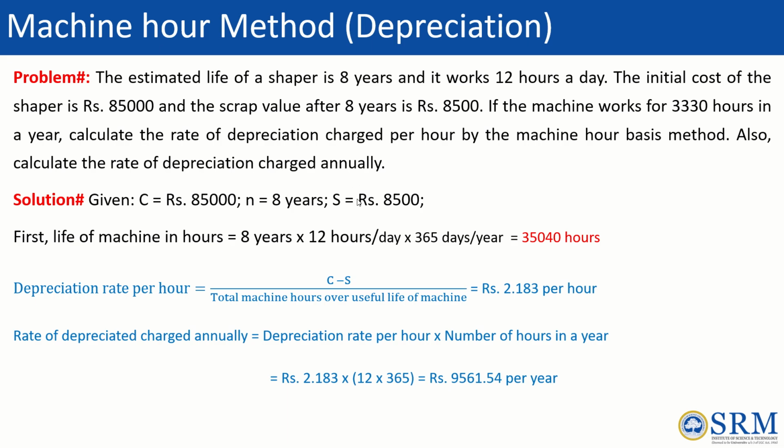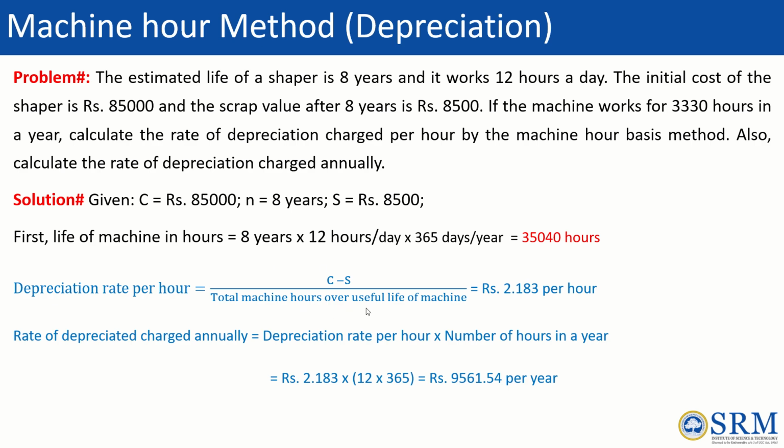First we calculate the total lifetime hours, that is 8 years into 12 hours per day into 365 days per year. We will get 35,040 hours. Next we will find the hourly rate. Depreciation rate per hour is C minus S divided by total machine hours over the useful life of the machine.